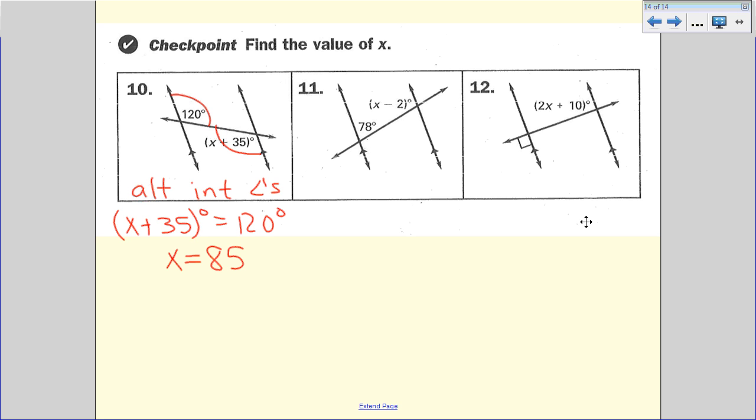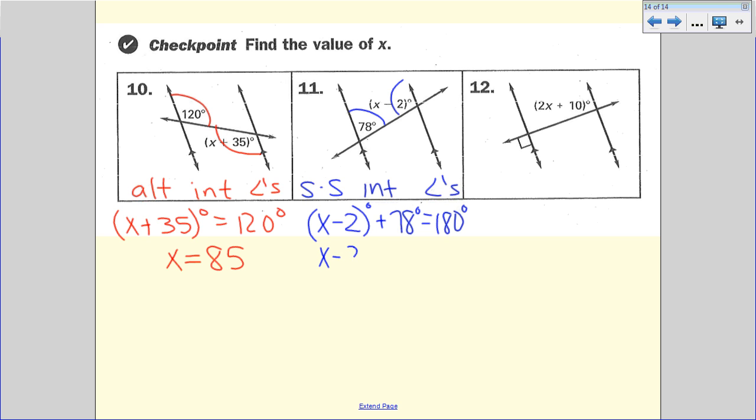If I mark my angles, 75 and x minus 2 are on the same side. It's the only thing that we have as being on the same side and on the inside, same side interior angles. And what we know about those two is that x minus 2 plus 78 is equal to 180.